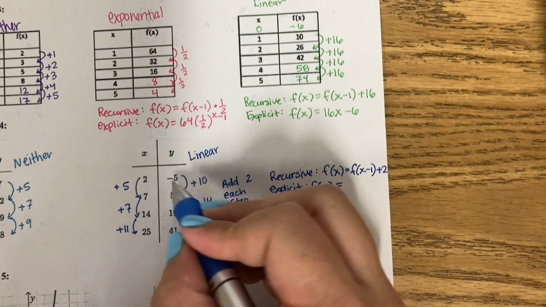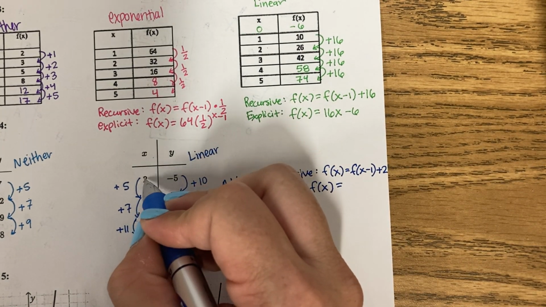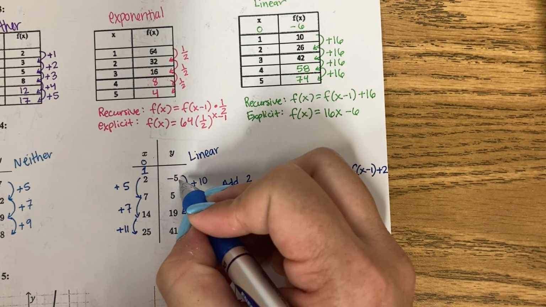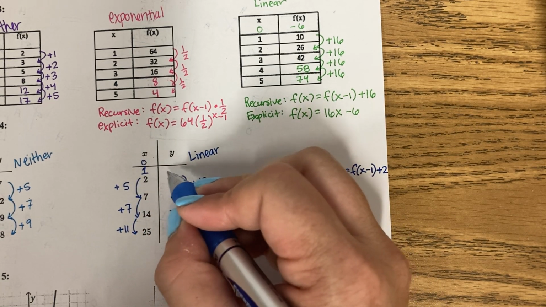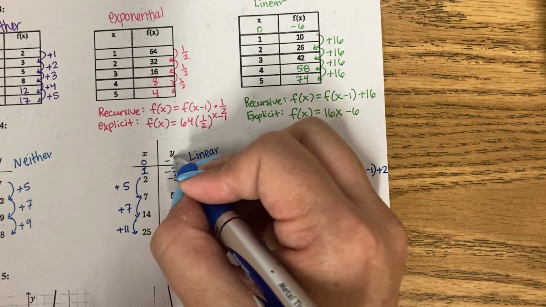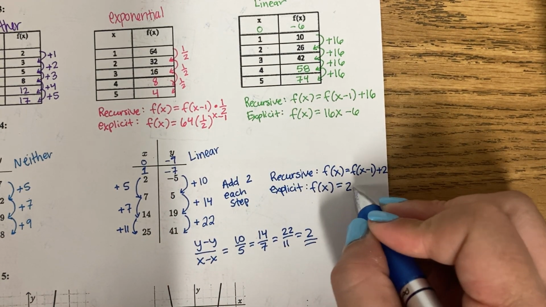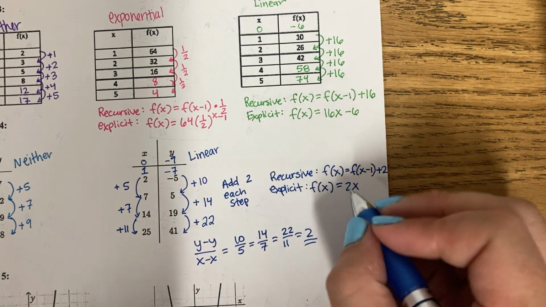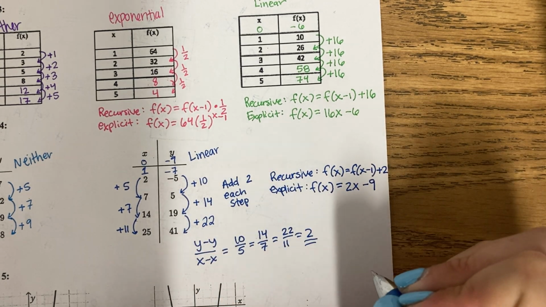I'm gonna go backwards. Okay, 2, 1, 0. So if I minus 2, that'd be -7. If I minus 2 again, that'd be -9. So I'd have 2x as my slope, adding 2 each time, and my y-intercept is -9.